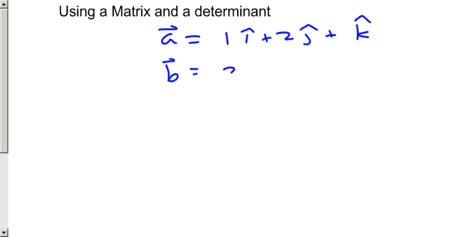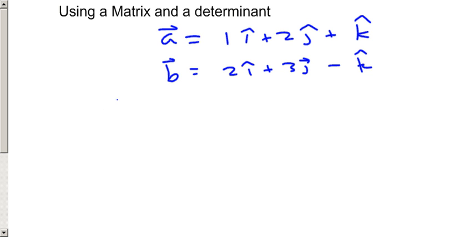So let's say that we have, and I'm going to use actual numbers so you just see some numbers, vector A being, you know, let's say 1i plus 2j plus k, and vector B equaling 2i plus 3j minus k.